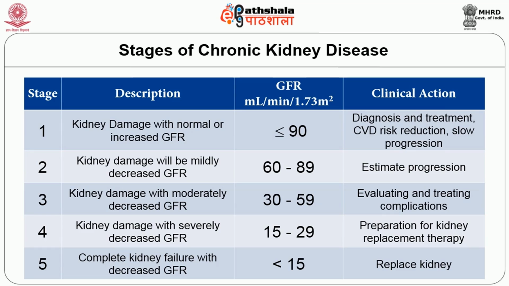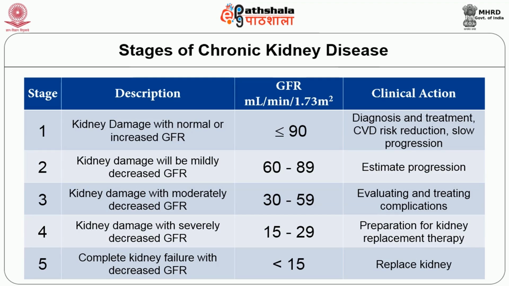In stage 3, there is kidney damage with moderately decreased GFR of 30 to 59 ml per minute, and the clinical action plan is to evaluate and treat the complications. In stage 4, there is kidney damage with severely decreased GFR of 15 to 29 ml per minute, and the clinical action plan is preparing for kidney replacement therapy.